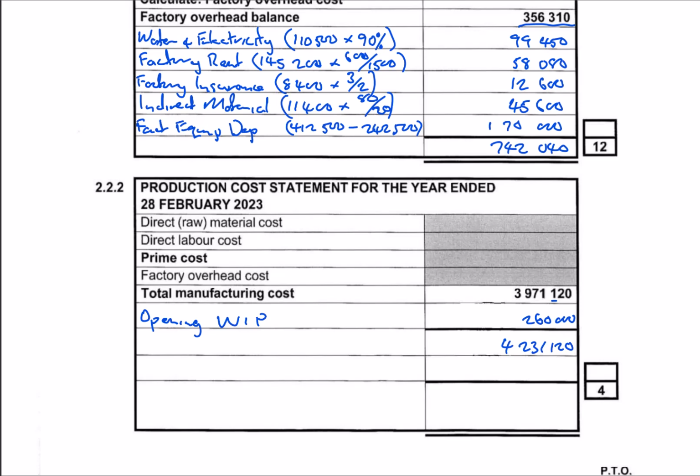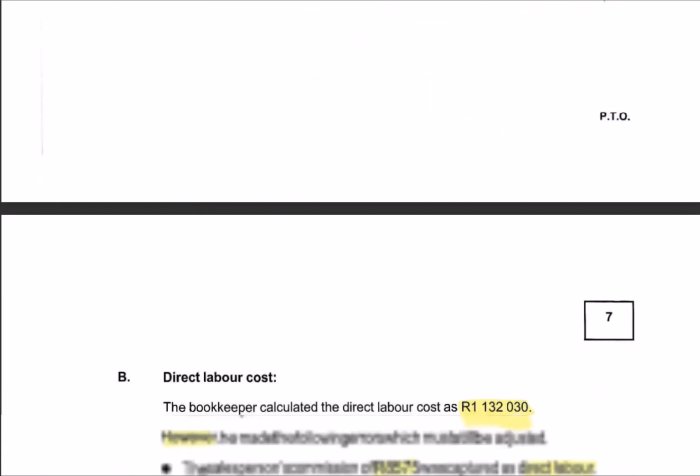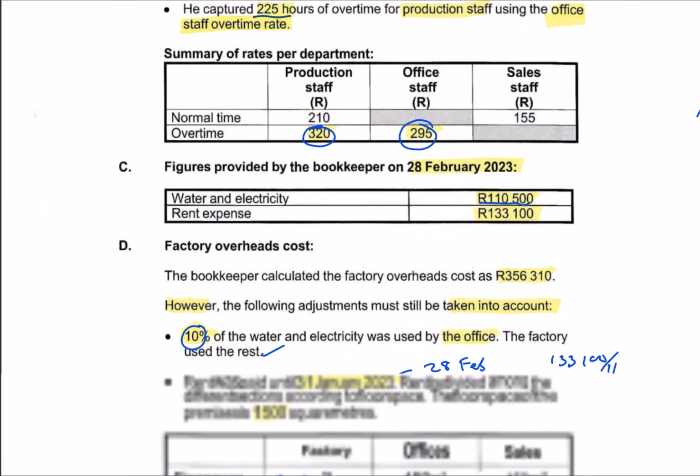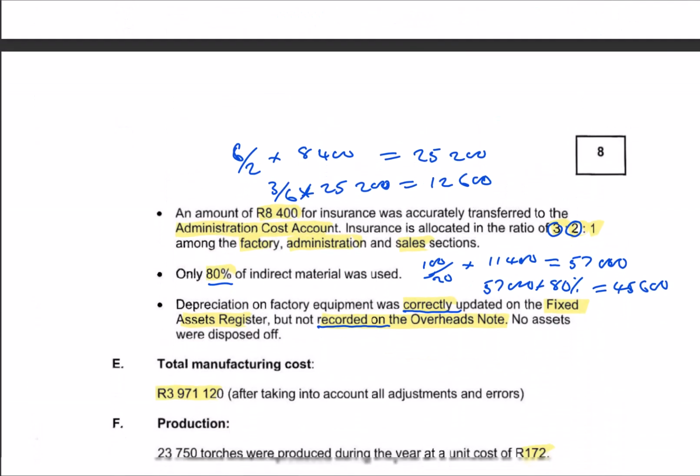Right, so after that you have to remember we're adding this, then less closing work in process that were not given. But what they did is they gave us this statement here. It was the last one.